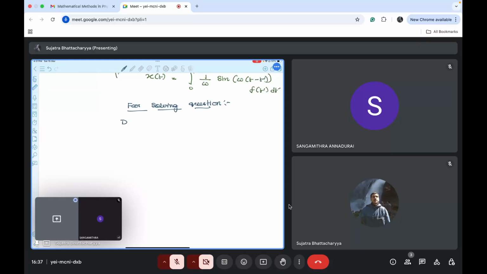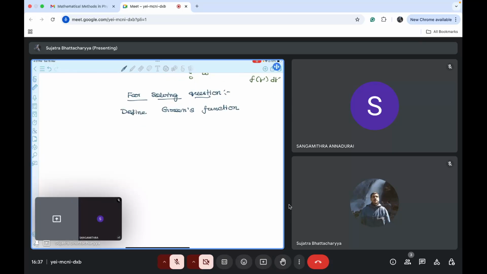So you first define Green's function, that is g of x and t. Instead of t and t dash, I'm writing x and t. Don't confuse it between space and time; it is just two variables.